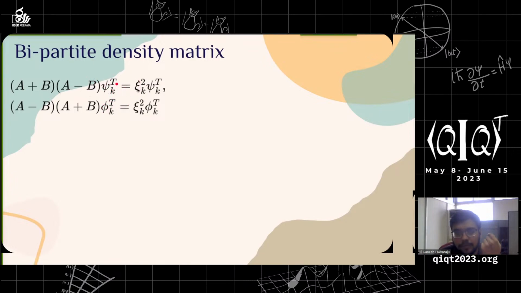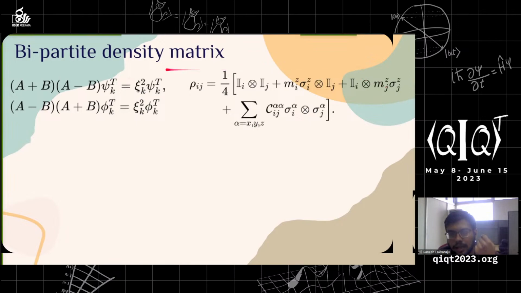Both of them are required because I want to calculate the bipartite density matrix of this system. The bipartite density matrix has in general an SU(2) decomposition, and that looks like this. If we find these elements, that is mz and the corresponding cxx, cyy, and czz, the other elements mx, my, and other cross correlations go to 0 because of the Hamiltonian properties.